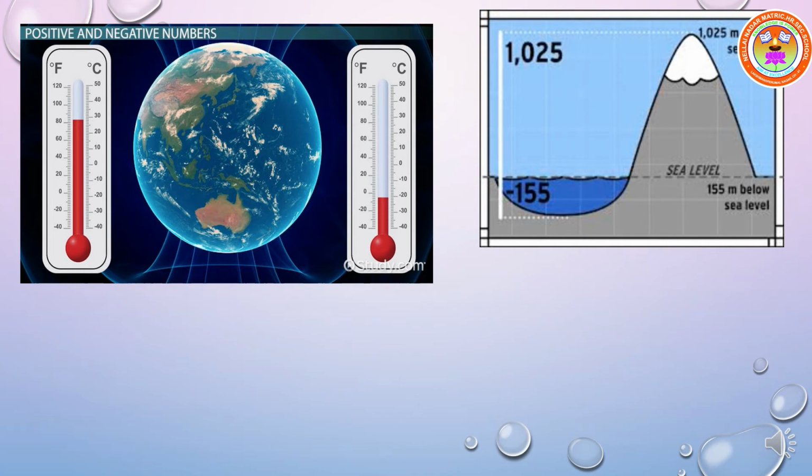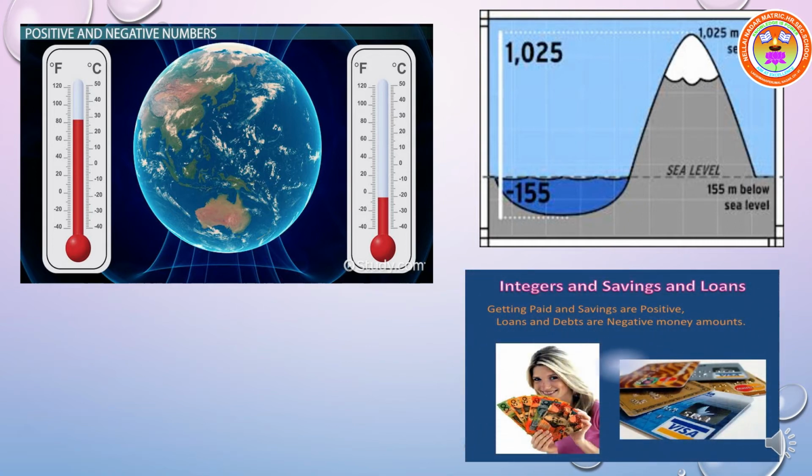So here, 1025 meters above sea level is represented as a positive value, while 155 meters below sea level is represented as a negative value. Next example, integers in savings and loans. Getting paid and savings are positive, while loans and debts are negative amounts. So these are a few examples of integers used in daily life. Okay, children?